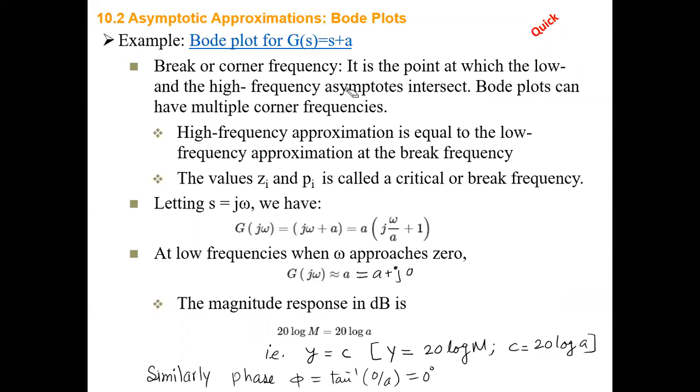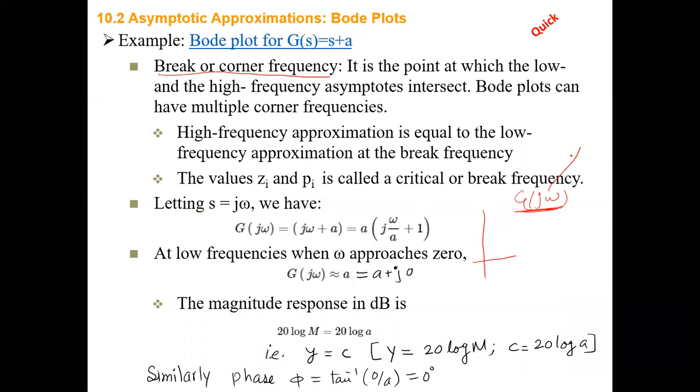To understand the asymptotic approximation, you first have to understand the corner frequency. Suppose you have a function g, this one.